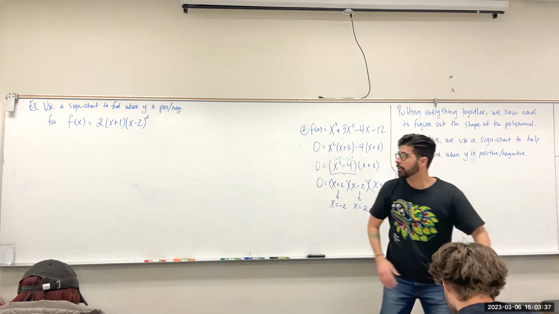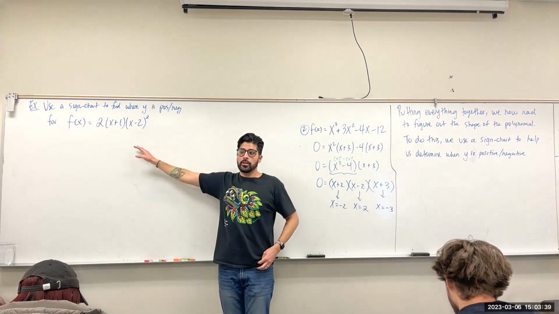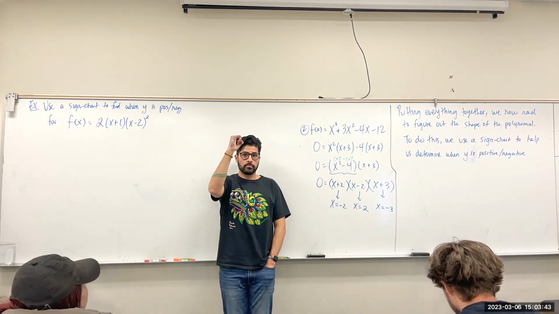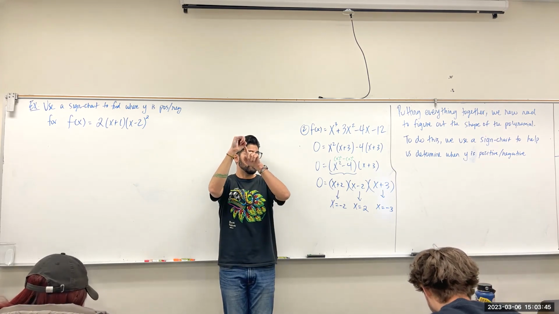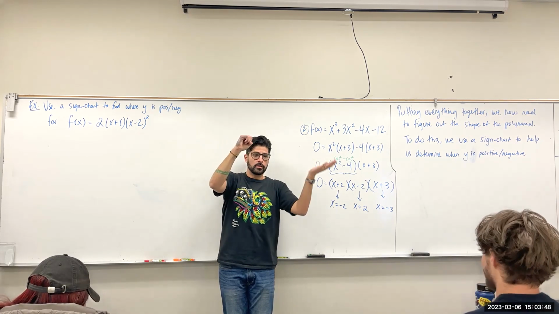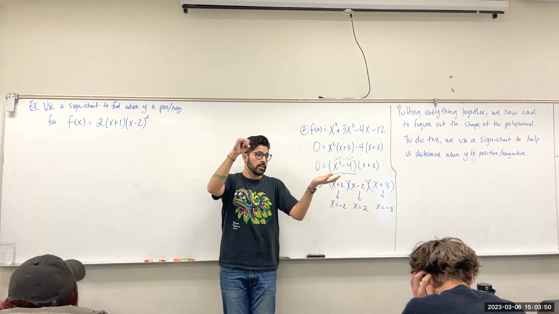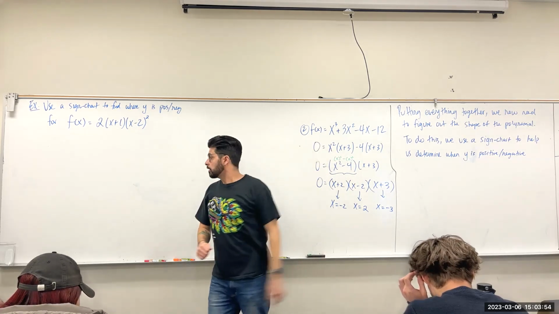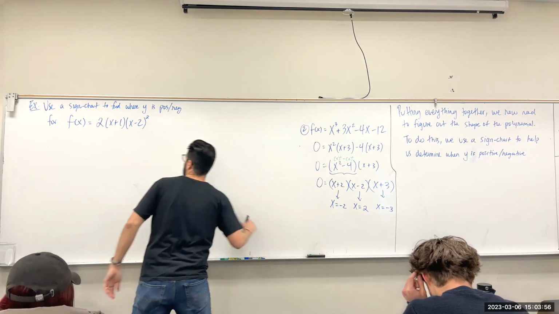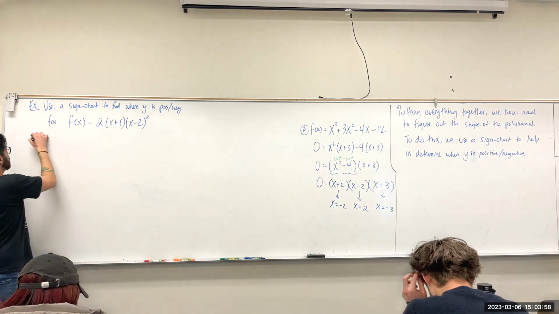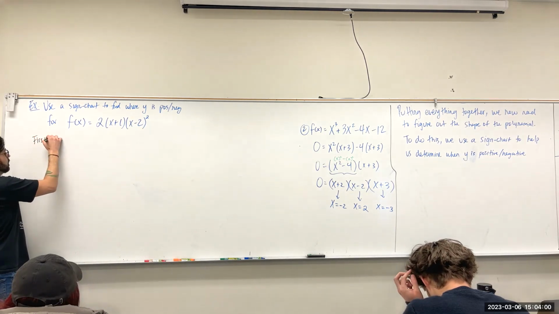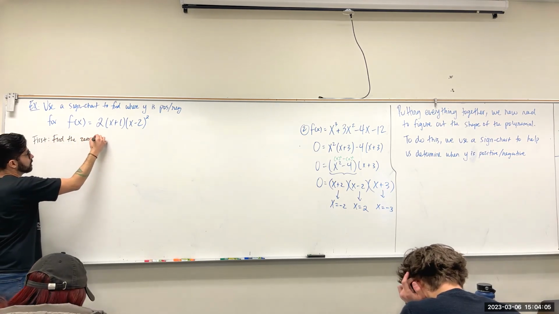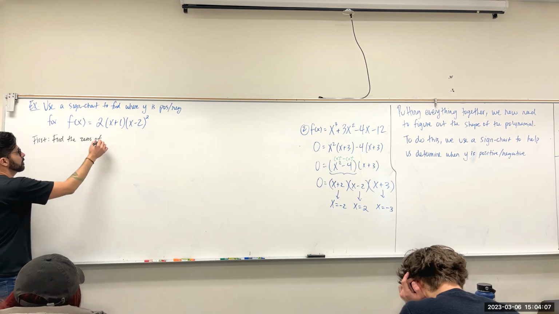So, to begin this sign chart, you need to first figure out where the y values are 0. Another way of saying that is finding the function's zeros, because that is where the function equals 0. Okay? So what you're going to do first is find the zeros of x. Which is why I had to do all this stuff.